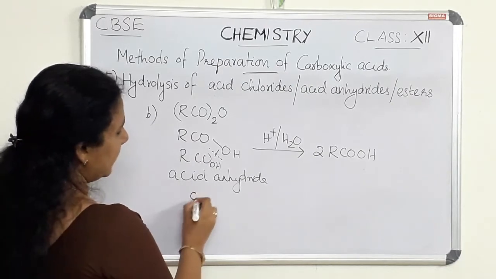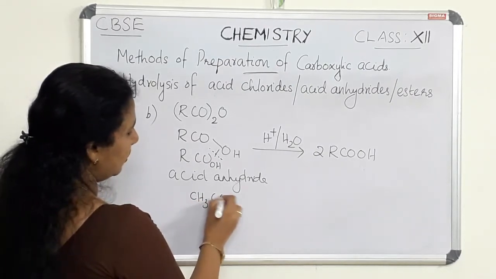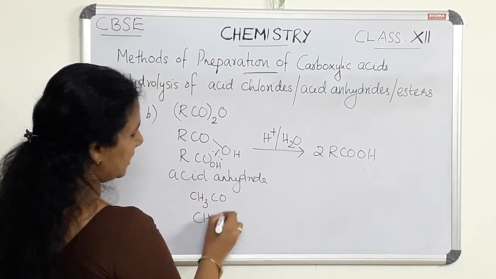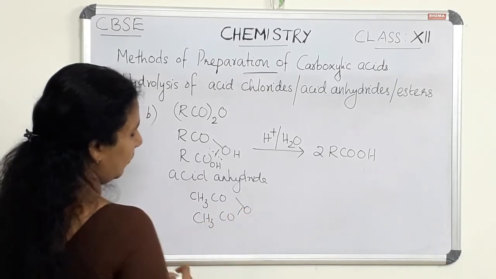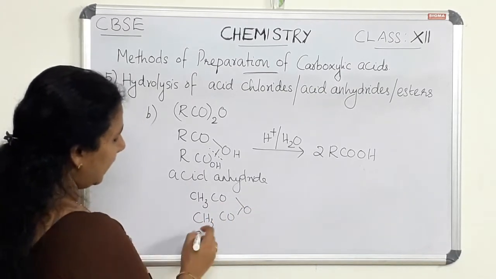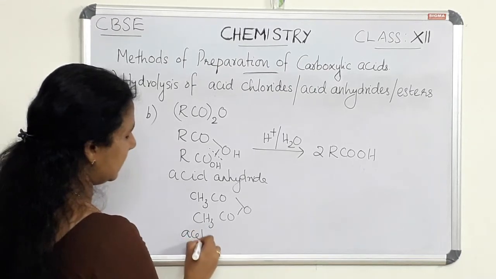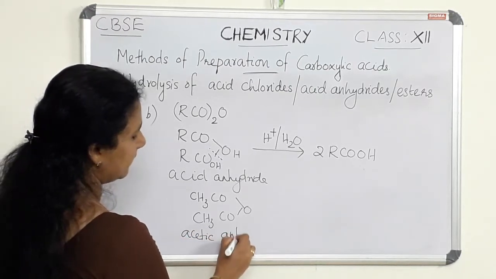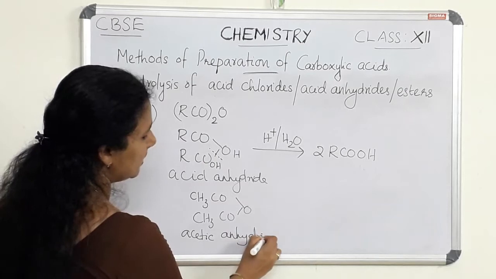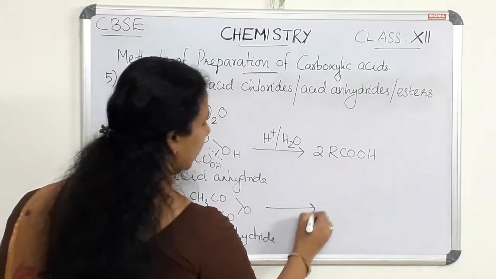So let us take one example, CH3CO twice O. The name of this anhydride is acetic anhydride.